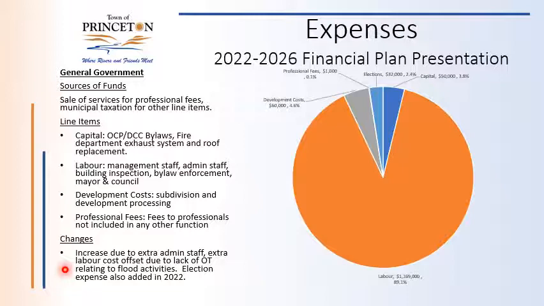They won't significantly increase, but the overtime costs will have to be borne by the municipality as an extra additional staff member in town hall. It's also important to note that this is an election year, so the municipality is responsible for elections. So that's a cost this year. There's a possibility that the school district could cost share with us over the elections if there is a school district election that comes on board.